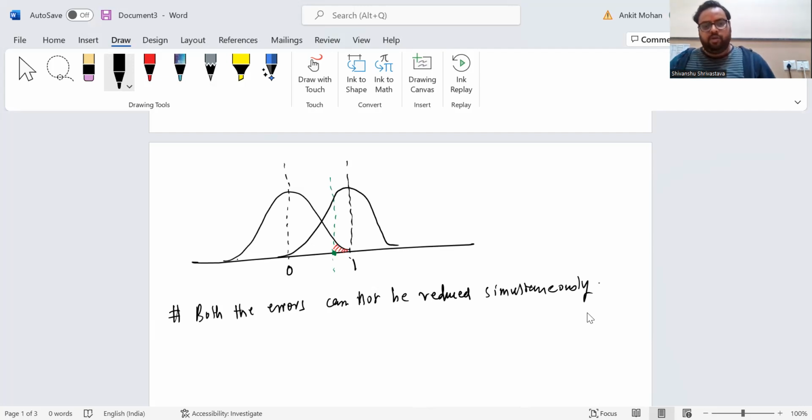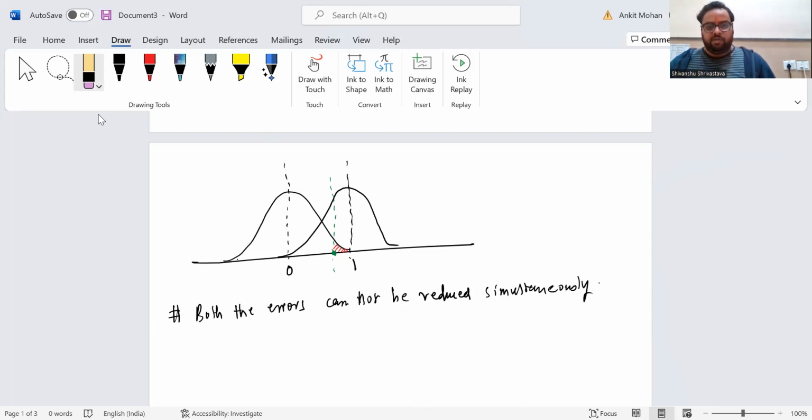Now here is where the Neyman-Pearson rule comes in. The question that comes up here is what is the optimal value of the threshold? Because if I increase the threshold value, type 1 error is going to decrease and type 2 error is going to increase. If I reduce the threshold value, type 2 error is going to decrease and type 1 error is going to increase. So both errors cannot be reduced simultaneously, that we know.